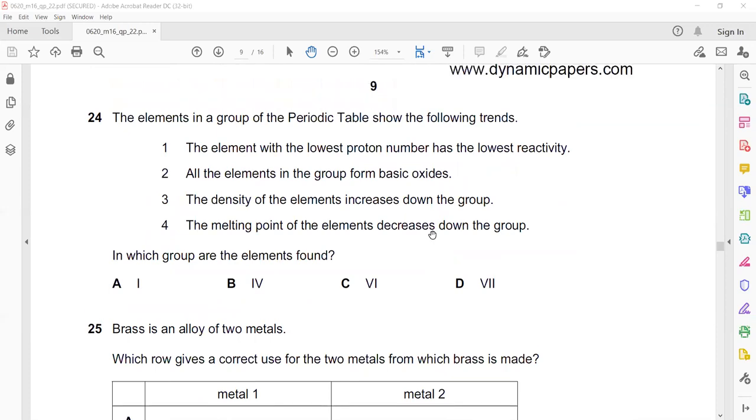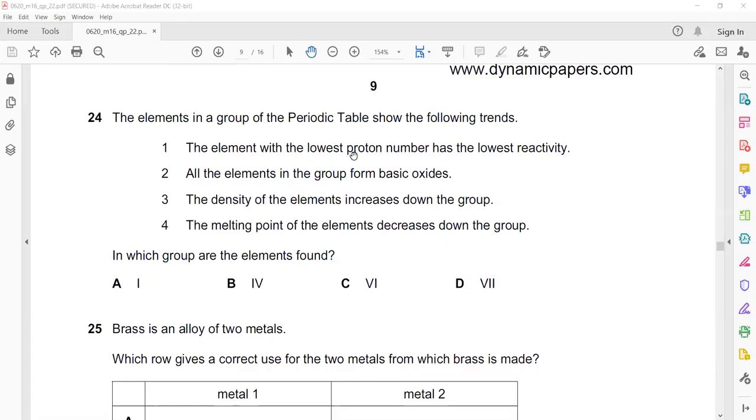Question 24. The element in a group of the periodic table shows the following trend.